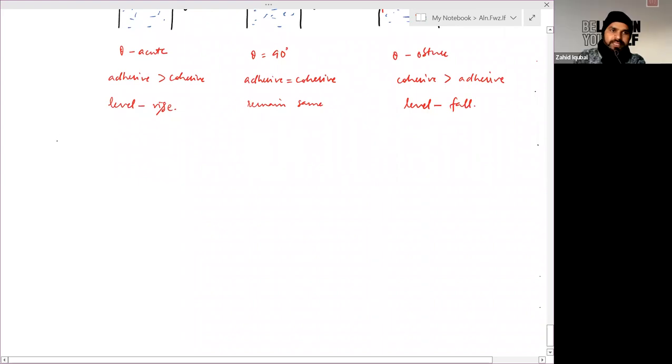Now for this part, we have to calculate Basin formula.